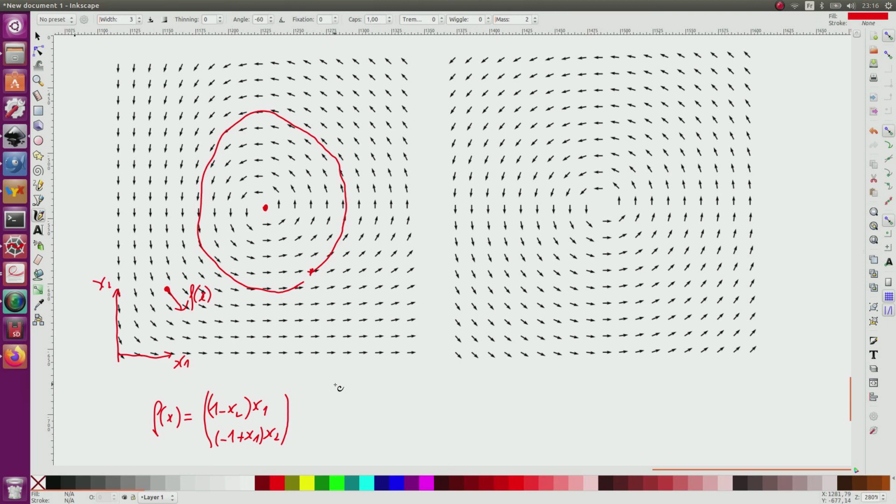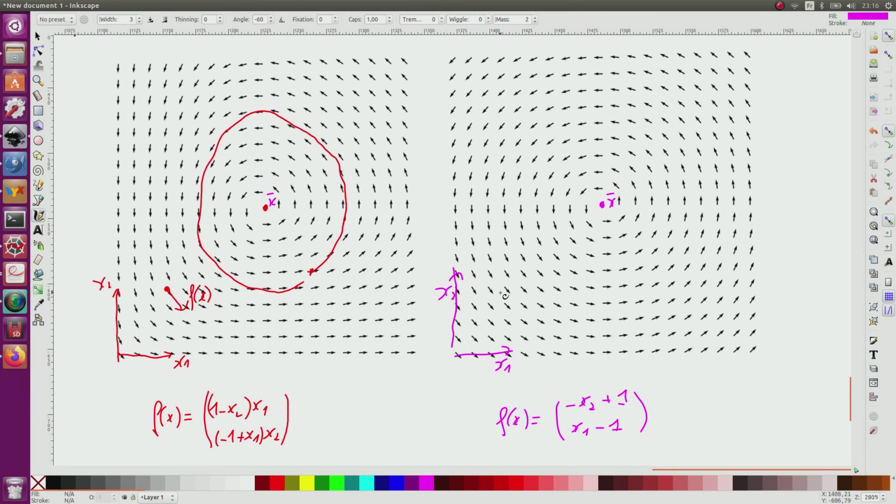Now, if I look at the tangent system, so the tangent system was f of x equal minus x2 plus 1, x1 minus 1. So this tangent system is similar, especially around x bar. And here I have x1, x2.